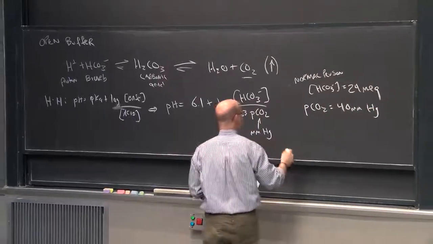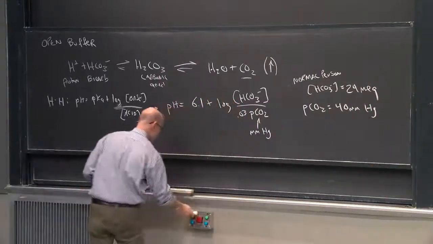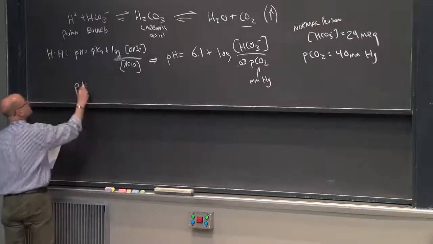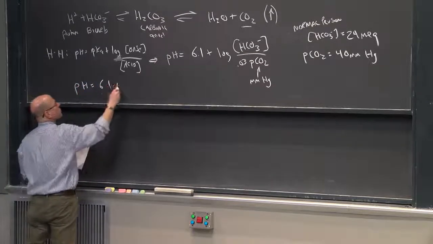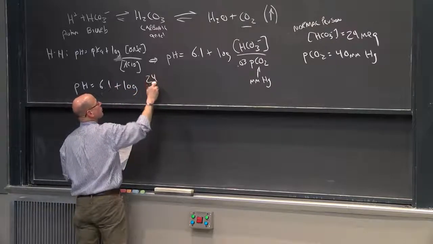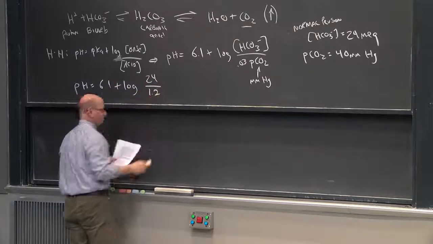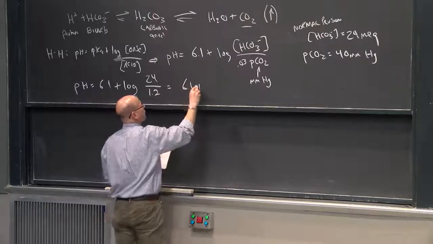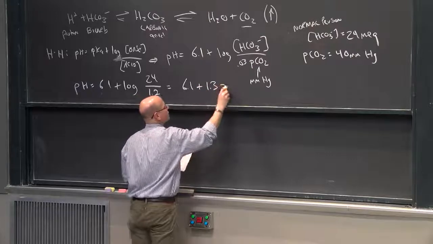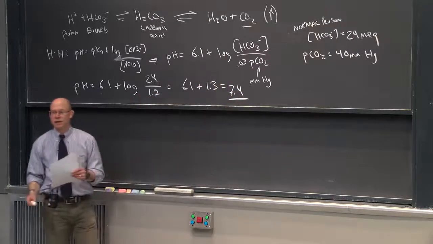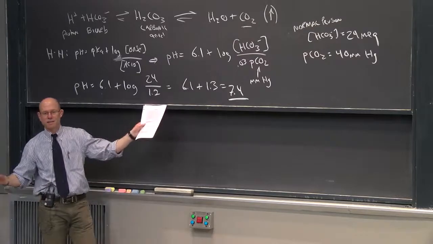And so if I plug those numbers in, what I end up with then is that the pH is equal to 6.1 plus the logarithm of 24 divided by 1.2, right? And this turns out to be 6.1 plus 1.3, which is exactly 7.4, your blood pH. Okay? Does that part make sense?